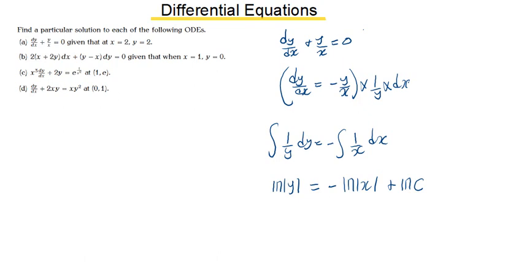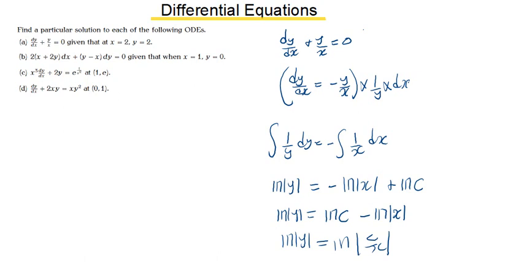Here I'm going to say ln of y equals, and I'm going to write this as ln of c minus ln of x. We know the properties of logs, so ln of y can be written as ln of c over x.